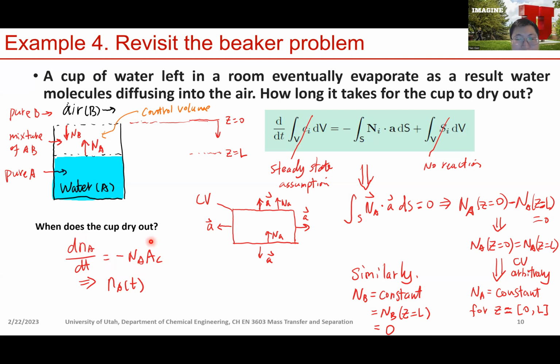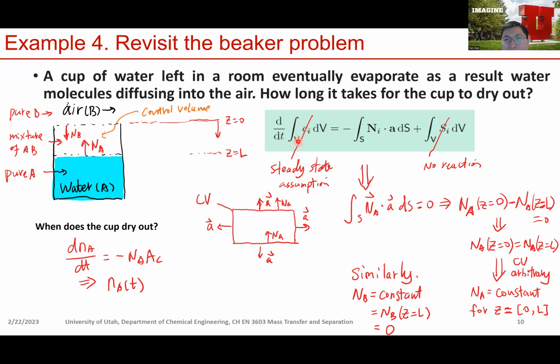So in order to solve for N_A, the flux of A leaving the liquid water, let's look at the region in between air and liquid water, which is a mixture of A and B. We apply the mole balance equation to this region.